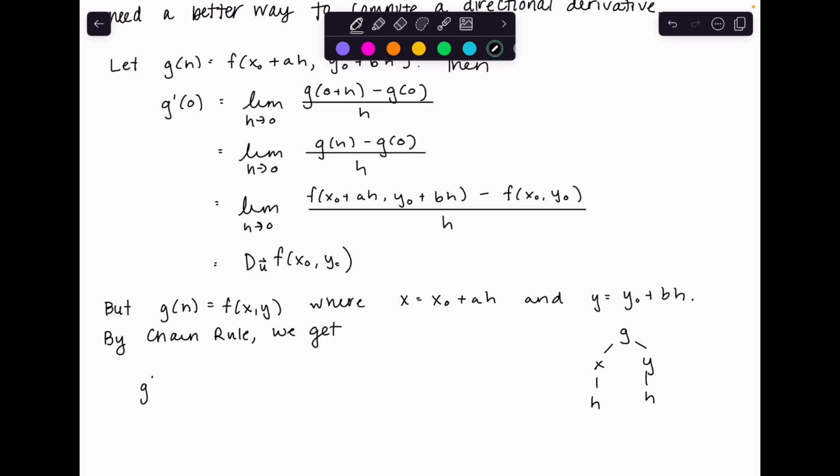If I'm looking for g prime of h, because I've got the single variable dependence, I'm going to do one of two things. I'm going to go through x to get to h. So this would be the partial of g with respect to x. And then I would take the derivative of x with respect to h.